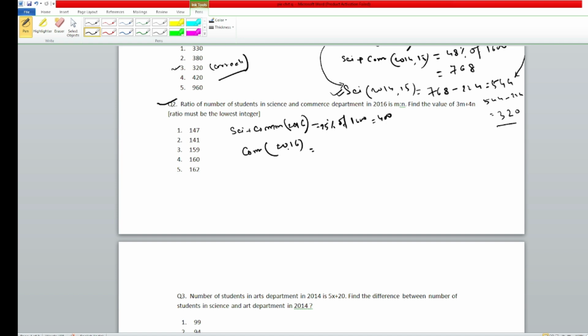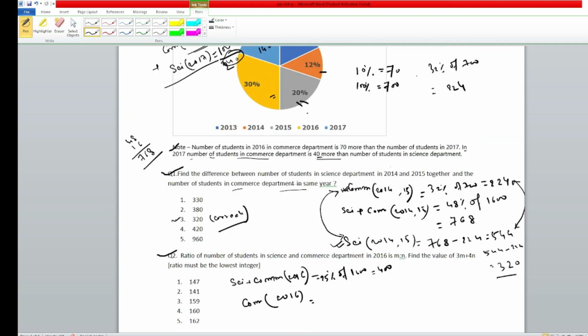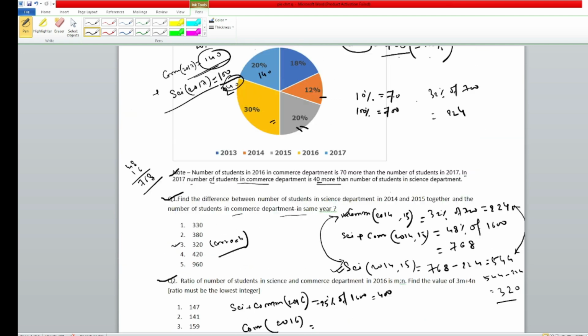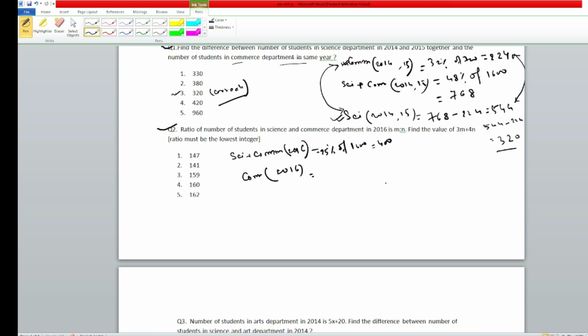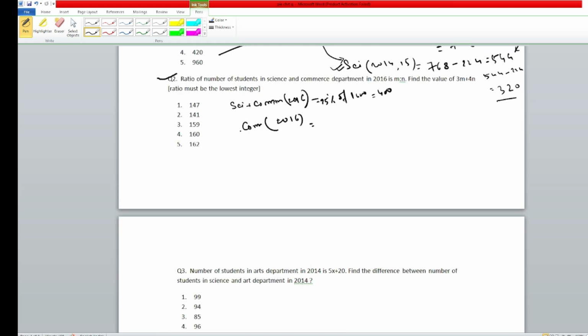And the commerce students in 2016 means 30% of 700, so it gives 210.